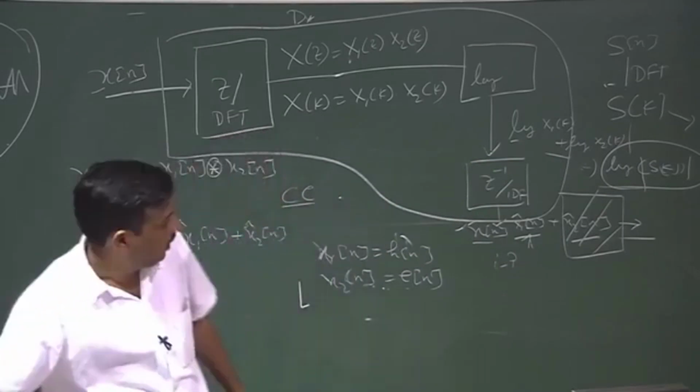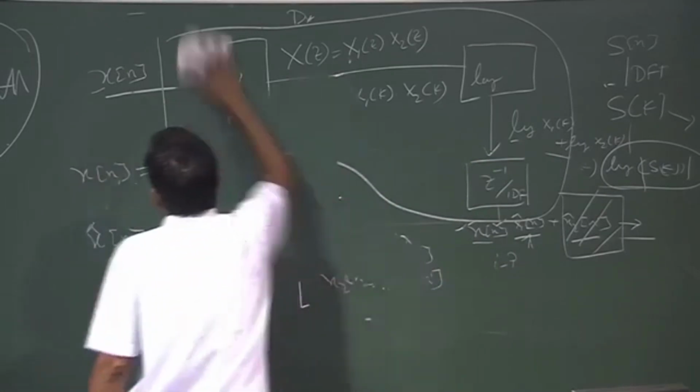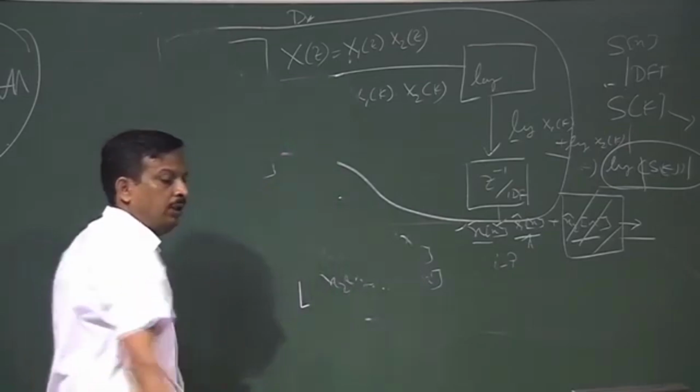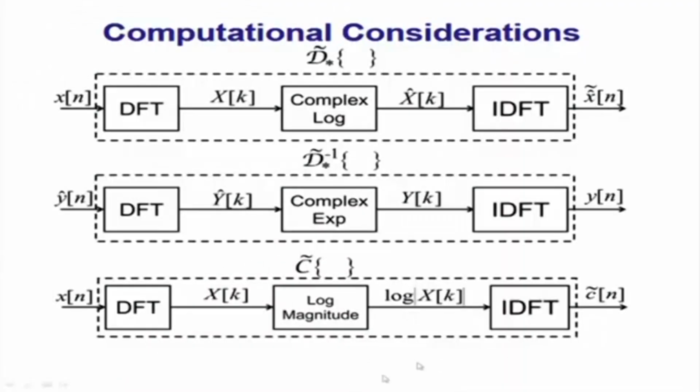If you see these slides, if I take only the log magnitude, this is the real spectrum. If I take the complex log, this is called the complex spectrum. This is called D star inverse, because I take the log, then I take the complex exponential.